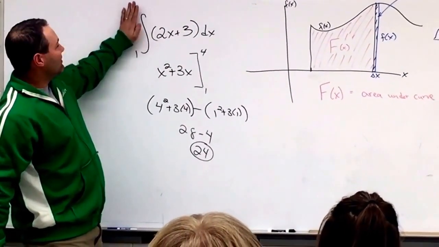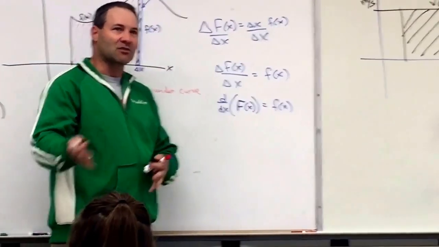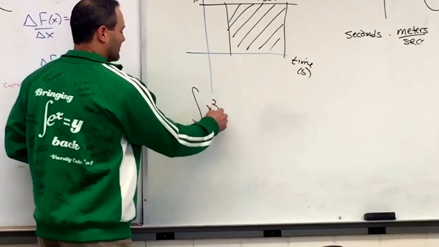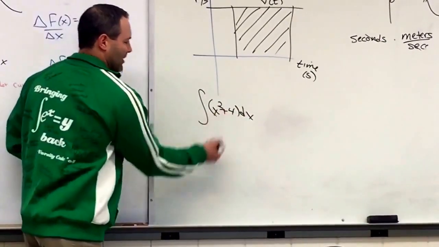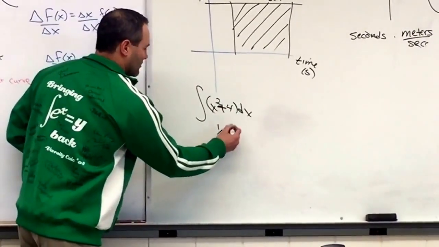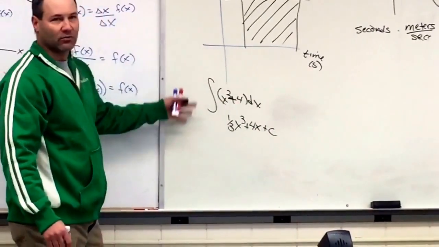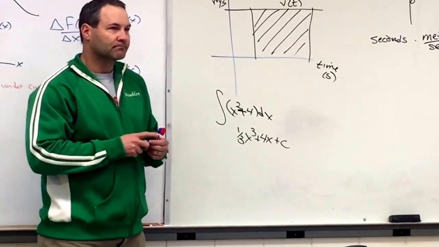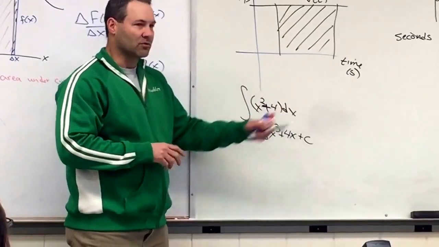If it was an indefinite integral, like when we did acceleration and velocity, we did plus c. The antiderivative would be plus c, because there are no boundaries of integration. There are infinite answers there, that's why we do a plus c.